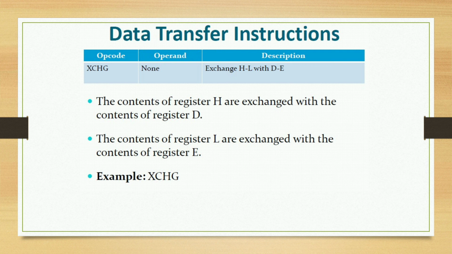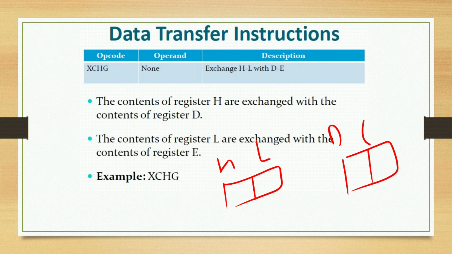XCHG exchanges the content of the HL pair with the DE pair. Consider the HL pair and the DE pair. The content of H suppose is 10 and L is 15. The content of D is 20 and E is 30.